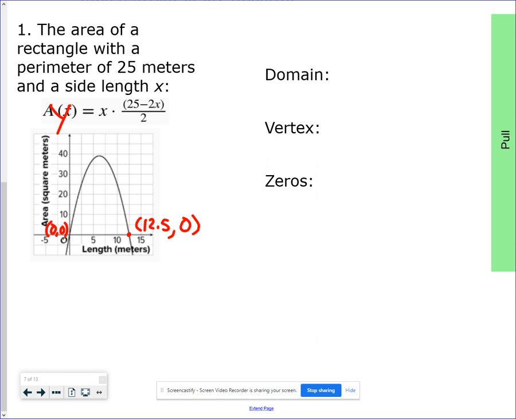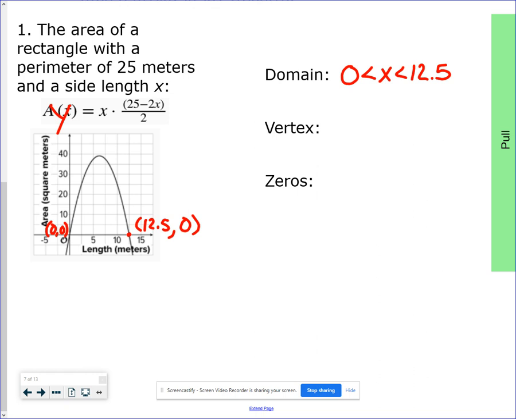You can write it that way, or the fancy math way to write this would look like this: 0 < x < 12.5. And actually, I'm going to choose to not put the equals, not less than or equal to, on each of those, because if I had a length of 0, I don't have a rectangle. And if I have a width of 0, which is what would happen at 12.5, I wouldn't have a rectangle.